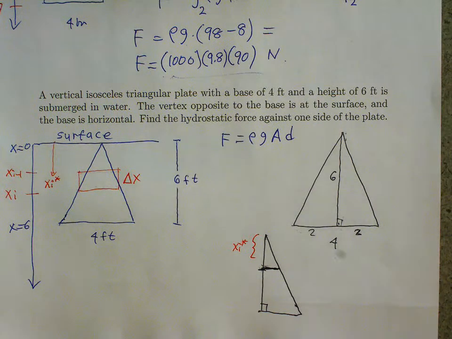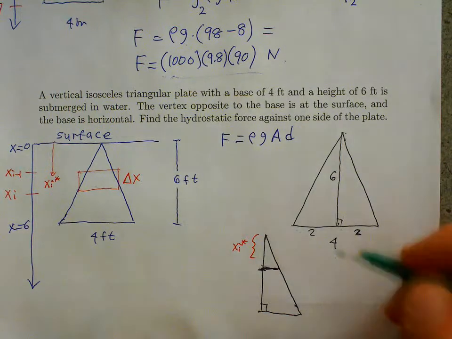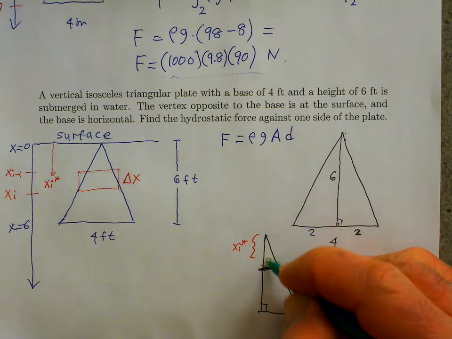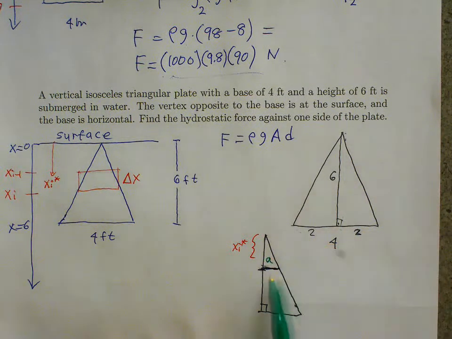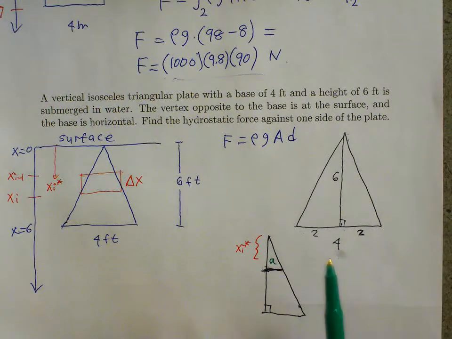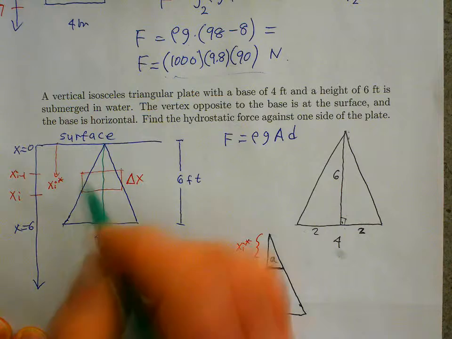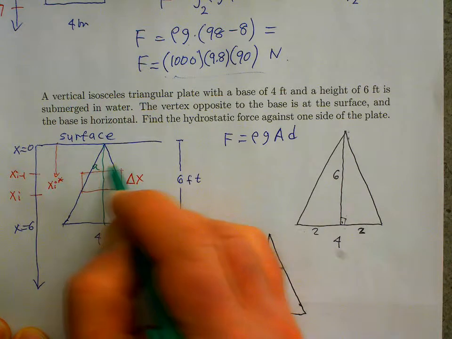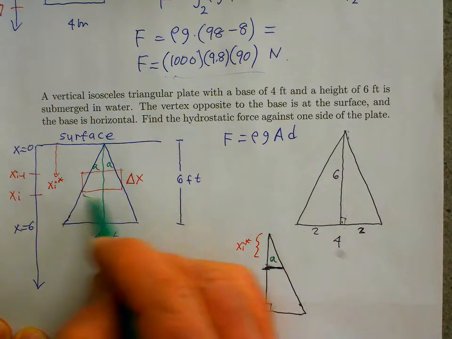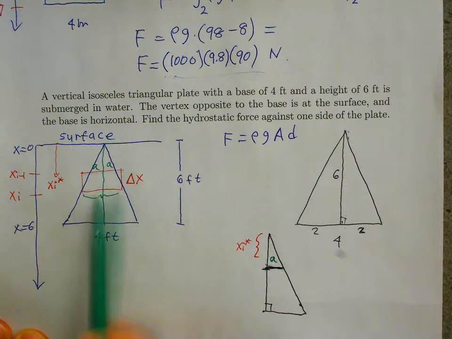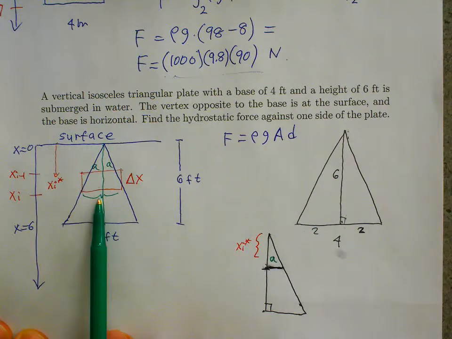If I just give that a value a, then we'll use 2 times a to be the length of that rectangle.